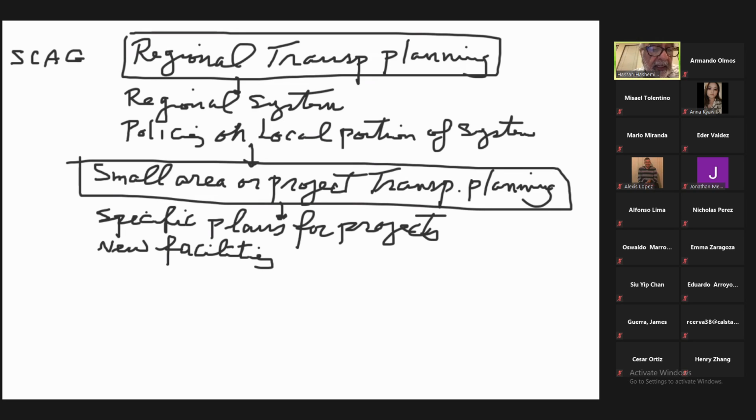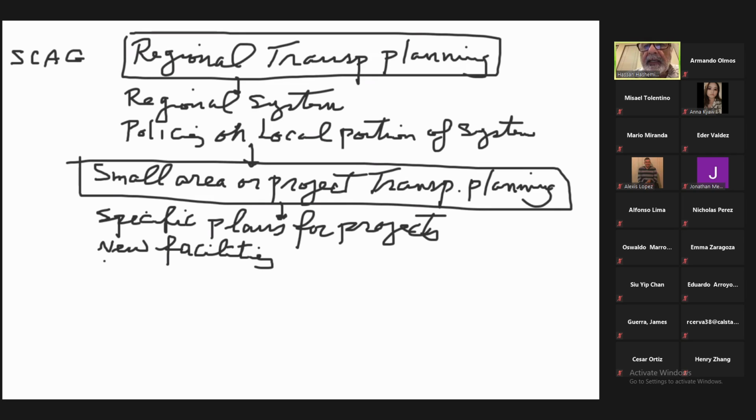They look at, for instance, even the freight carriers. What should we do as far as the freight carriers? For instance, in the city of LA, we want to provide a good movement of freight carriers by building a rail system or highways.